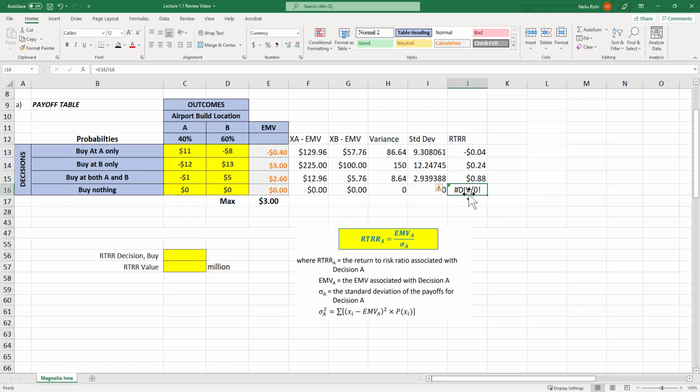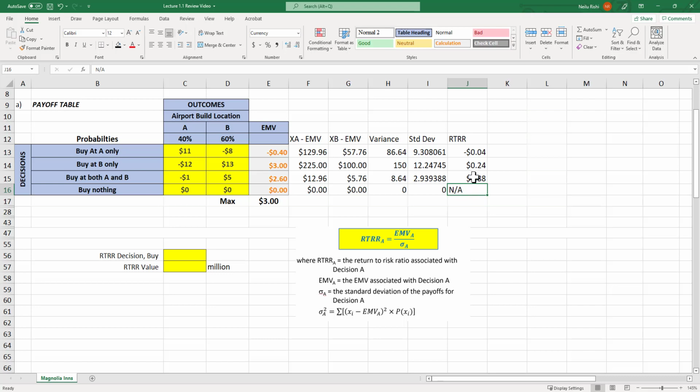Now it's important to note here that for the RTRR for buying nothing you get an error message, and that's because we're dividing by 0. Because there's no variance, there is no RTRR. We would really say that this is not applicable. This would be our optimal decision, however.